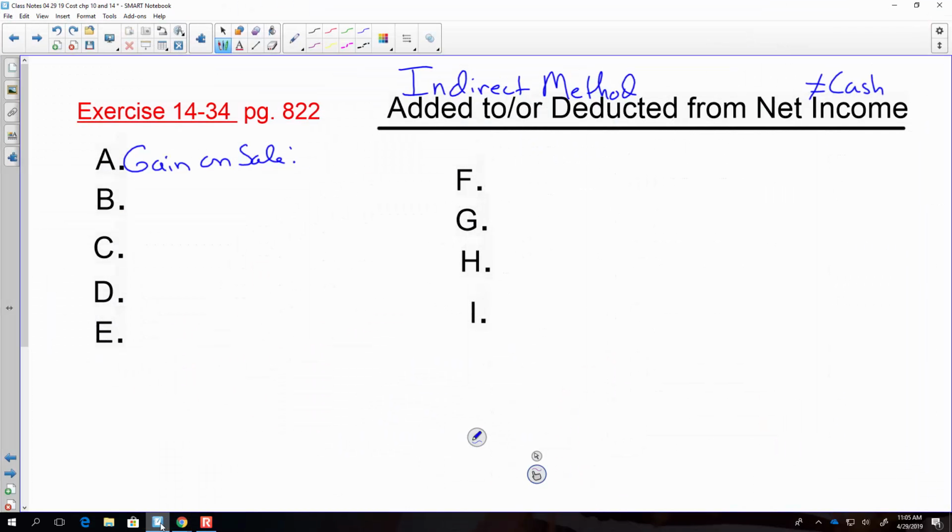You almost have to think opposite on this particular one. Remember where we're coming from: we're starting with net income. We're subtracting out the gain, because that's a non-cash item, so we got to get it out. We're going to reverse it out.